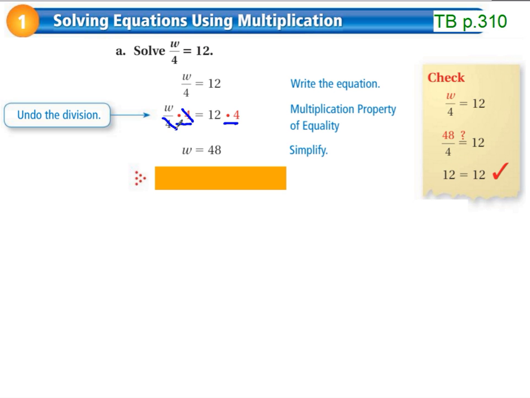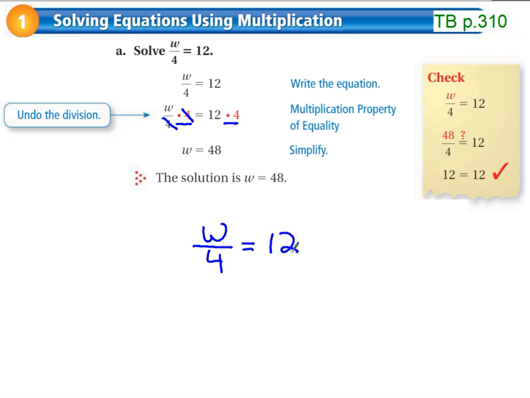And 12 times 4 on the right equals 48. The solution is w equals 48. Now, if I go back to my original problem, w fourths equals 12, and I substitute 48, that means 48 divided by 4 equals 12, and that is true. There is also the check right over here.